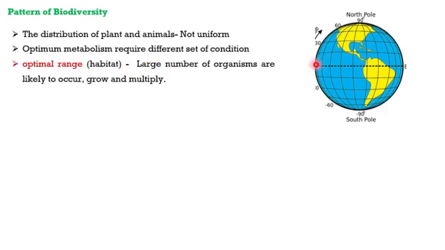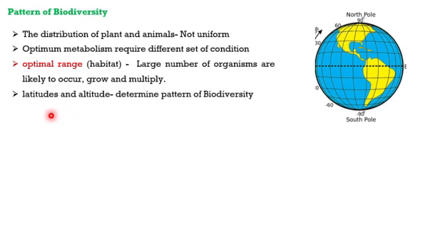That is why you find a large number of organisms likely to grow and multiply in a place with optimum environmental conditions, such as from the equator, 0 degree to 30 degrees north and 0 degree to 30 degrees south, where you find a high number of animals and plants that occur, grow and multiply.